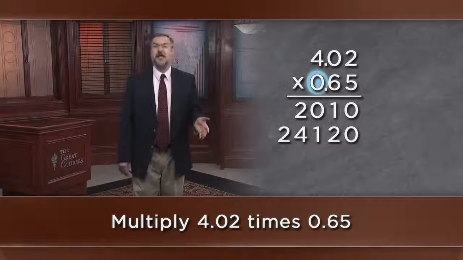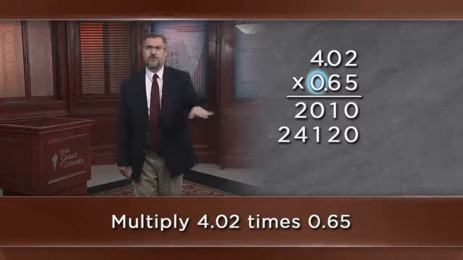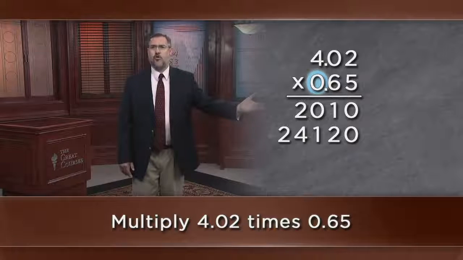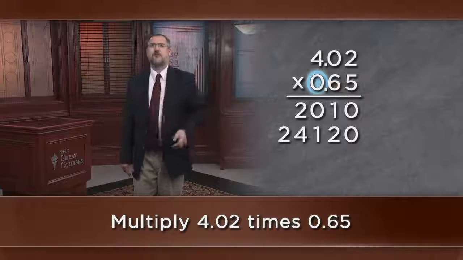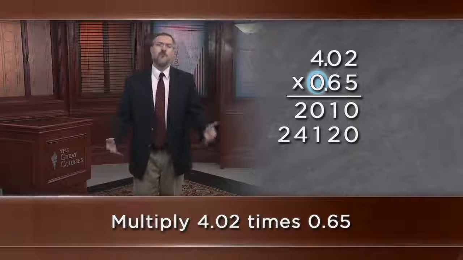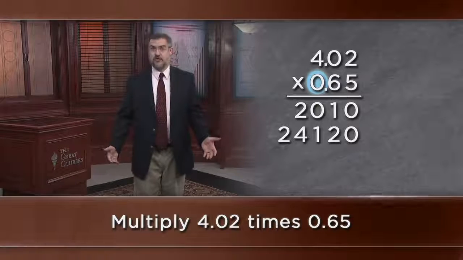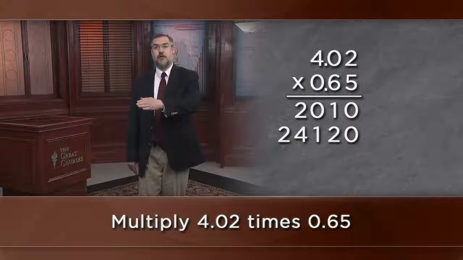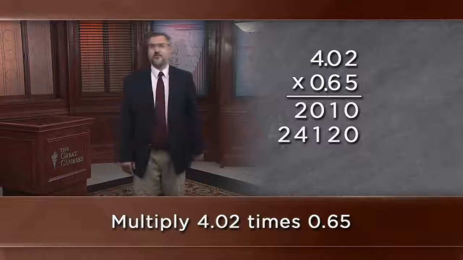So basically, if you worked with that 0 and wrote up an answer section for that, you would just end up writing a whole string of zeros in the third line of the answer section. And when you go to add everything up, all of those zeros would be useless. So at this point, I suggest we don't even worry about that 0 in 0.65.